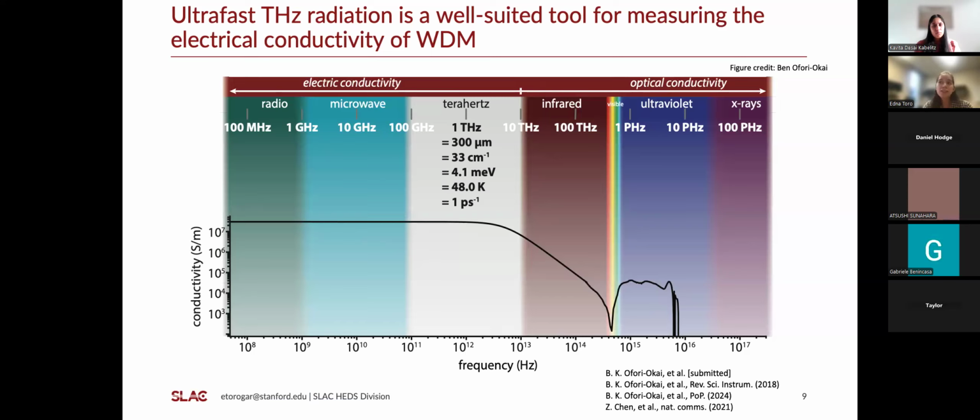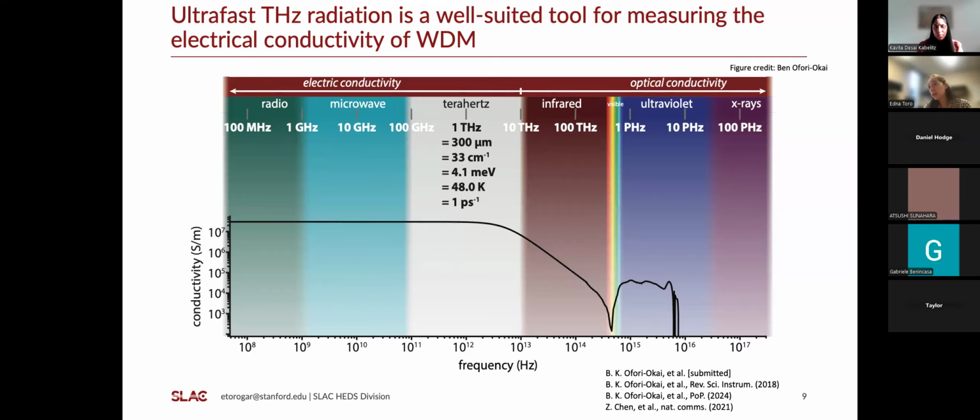And how does this actually look when you have something that is slow versus something that is fast? You will see in this figure that we have measurements of conductivity for a metal, in this case aluminum, made using different types of waves. If you use longer timescale waves, from radio to terahertz, you'll have a stable measurement.